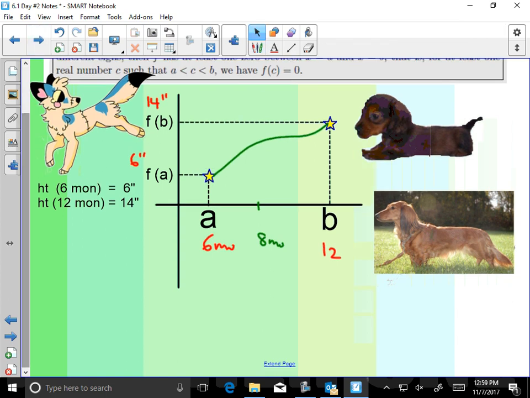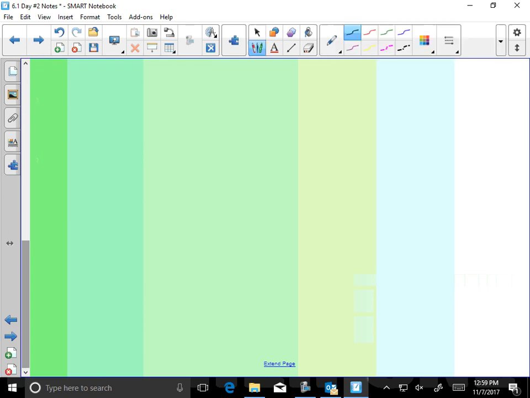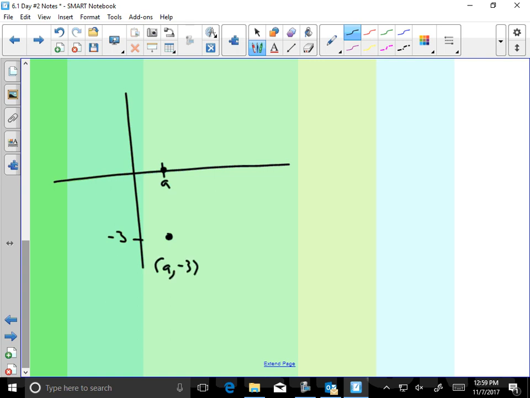Okay, now there is another application to this. Here is the application. Let's say that f of a is negative 3. So here's a, negative 3. And let's say f of b is positive 7. So here is b, positive 7.